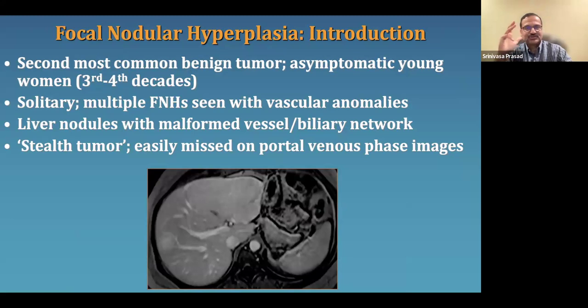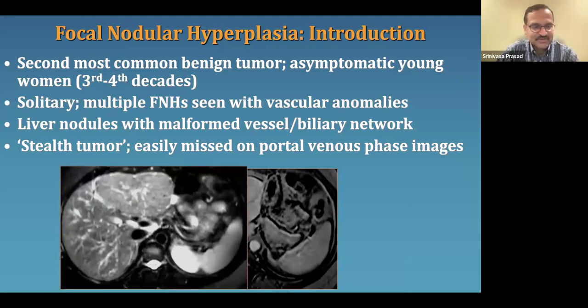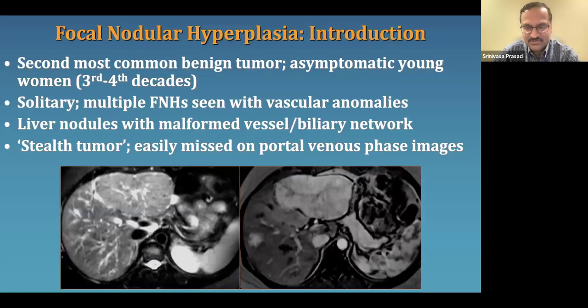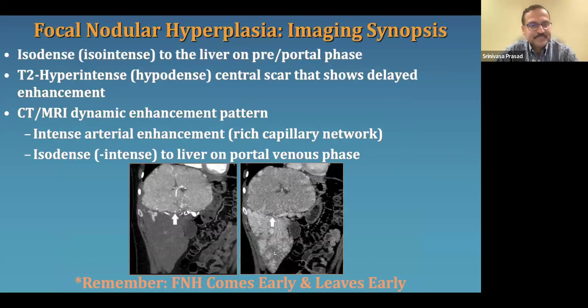And usually asymptomatic, it's incidentally found, and it's usually referred to as the so-called stealth tumor because it's easily missed on the portal venous phase images, and it's seen predominantly on the arterial phase images. It has characteristic CT and MR imaging characteristics, which we will go into some detail later.